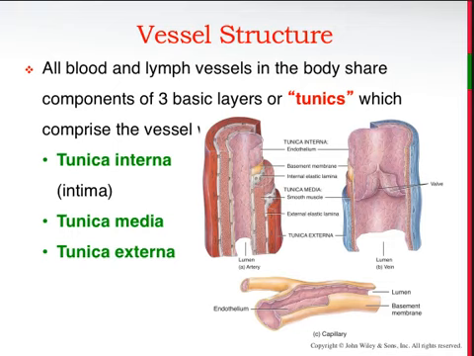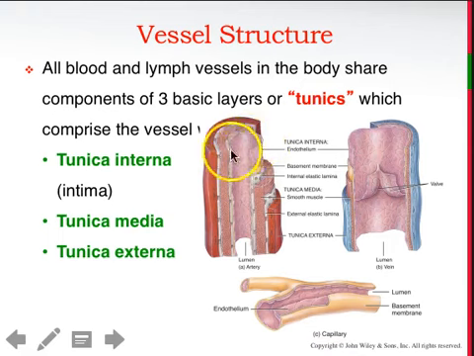Vessel structure. So histologically and anatomically, we divide blood vessels into three layers or tunics. A tunic is a layer. We have the tunica interna, or also called the intima. We have the tunica media, and we have the tunica externa.